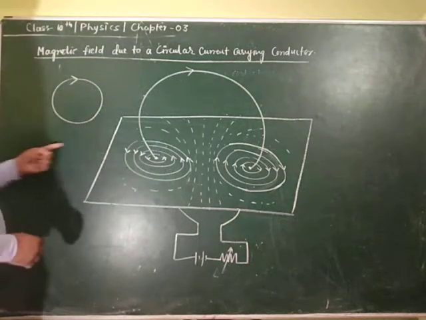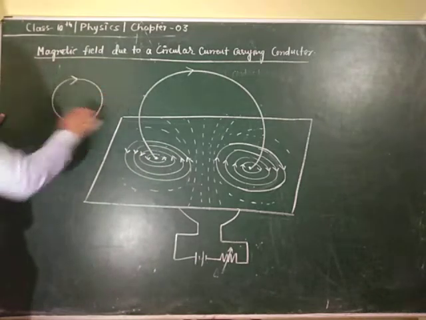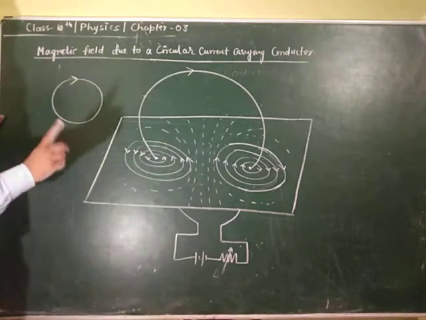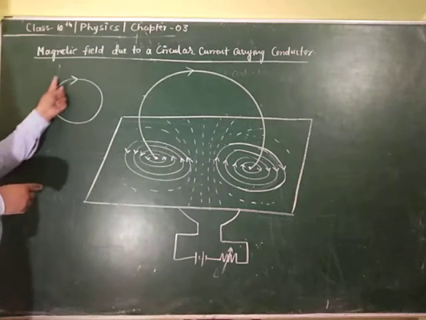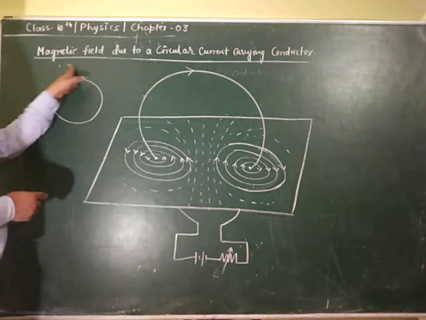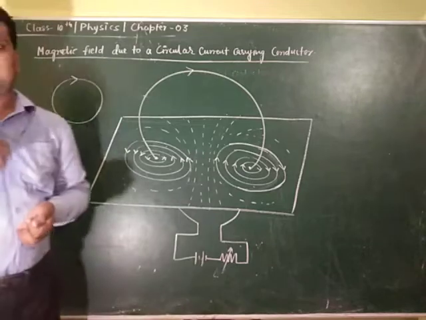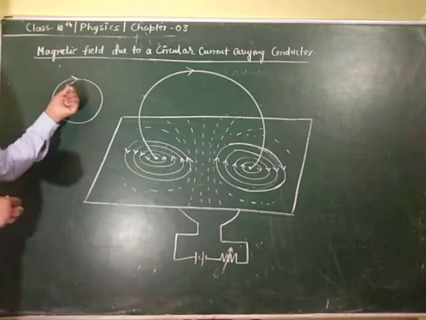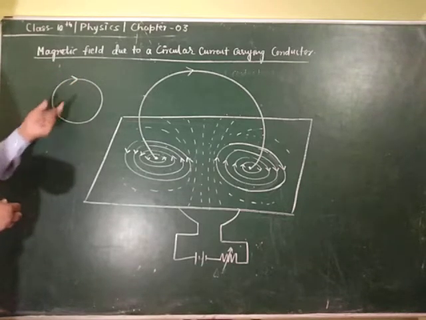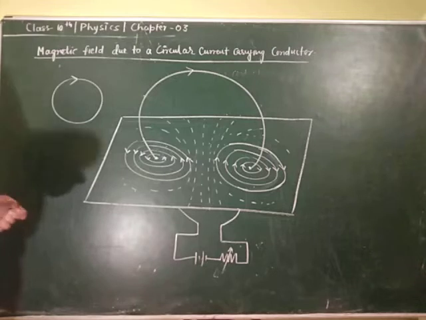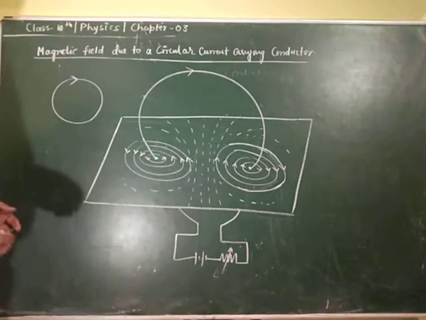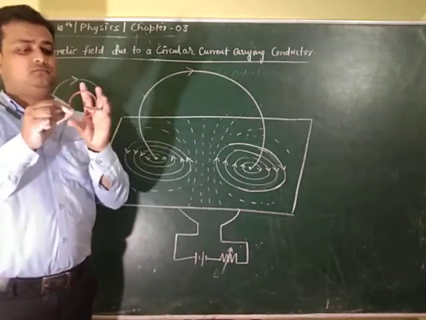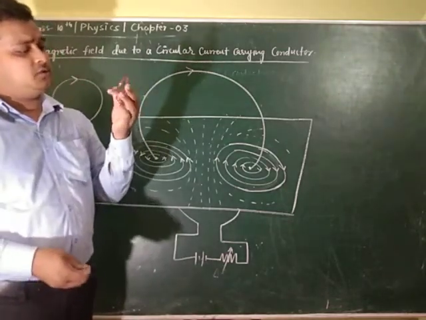So here the current is moving in the clockwise direction, and a circular current carrying conductor always has two faces. Two faces means you are seeing the first face here and the other face is backward. We cannot draw it here because it is a 2D diagram. So this is a current carrying circular loop.